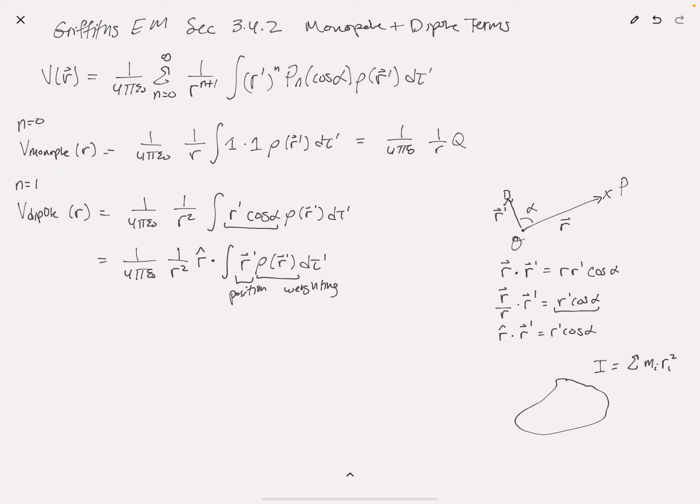So what I'm defining here is a moment. It is not a moment of inertia, but it is a dipole moment. Okay, I'll call p the integral of r prime rho d tau prime.